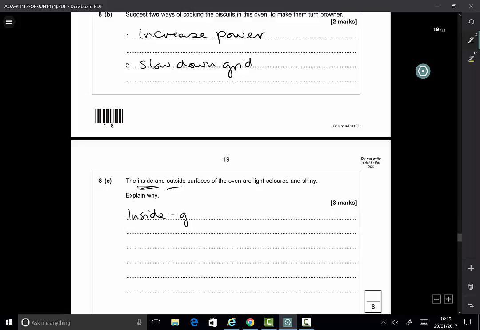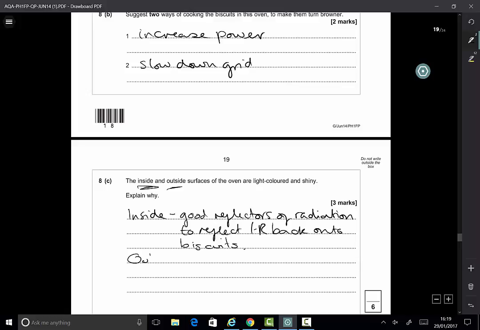So these types of surfaces are good reflectors of radiation, to reflect infrared, I just call it IR, and the examiner will know what you mean, back onto the biscuits.